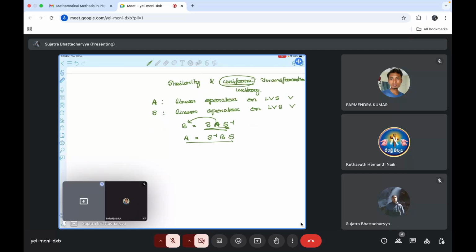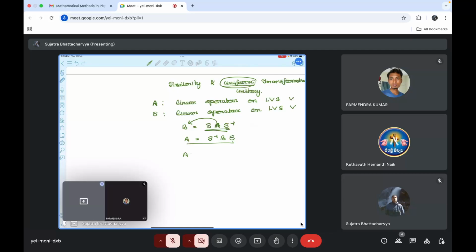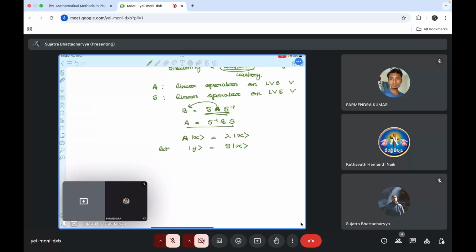One important thing is that if A is operated on X, it will give you lambda X. Correct? This we know. And let Y equal S operated on X. S is also a linear operator operating on X. Now let us see the matrix B operating on this Y. What will it be?